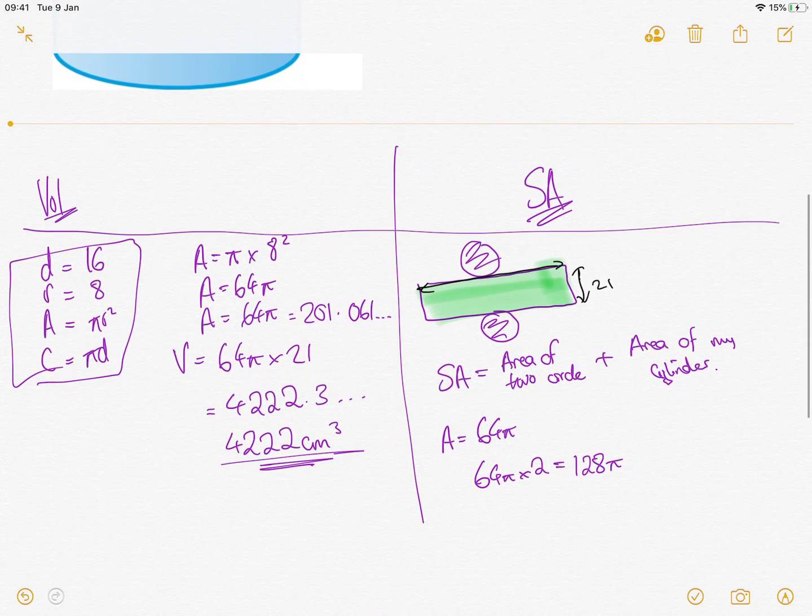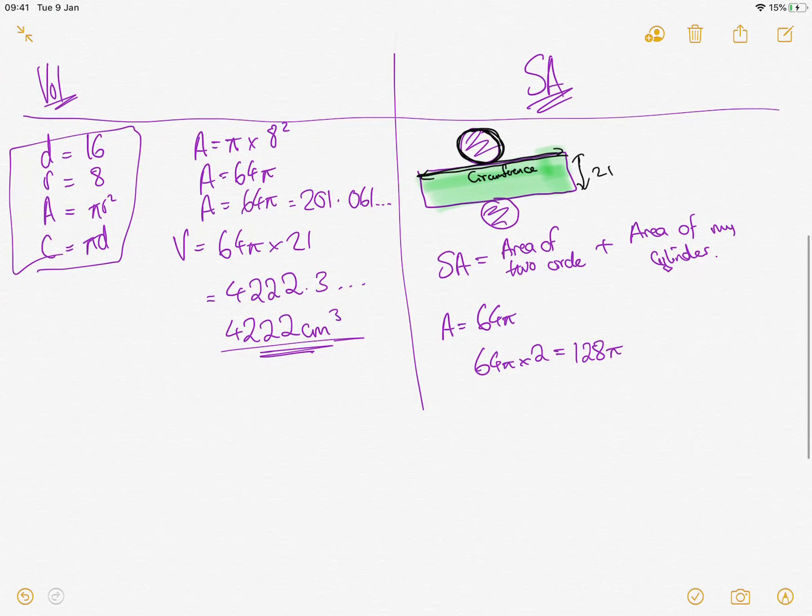But if you look, that length there wraps around this circle. So this length here must be the circumference of my circle. So now I'm working out the area of the rectangle. Circumference is equal to pi d. I know my diameter is 16, so that's 16 pi. So this length here is 16 pi.